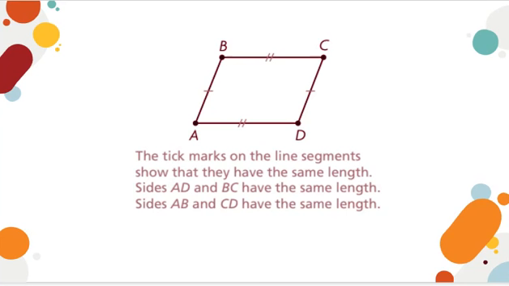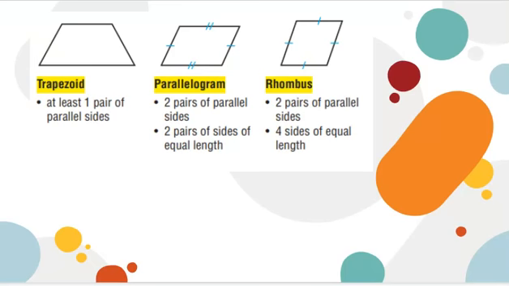All right, let's go through and see if you got those shape names correct. The first one we have is a trapezoid. We have seen trapezoids come up around math every year, hopefully since you were in kindergarten. A trapezoid is able to be classified if you have at least one pair of parallel lines.